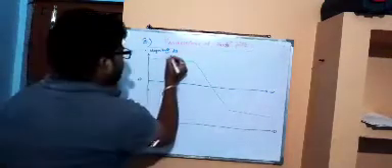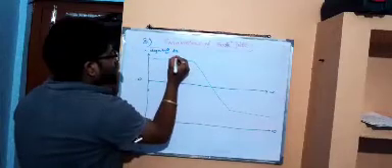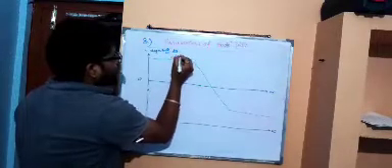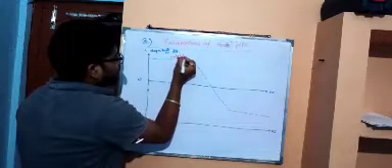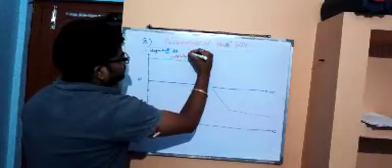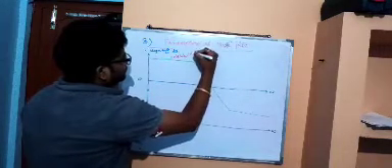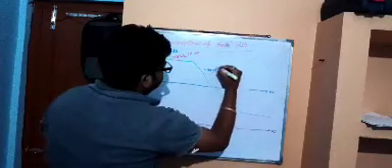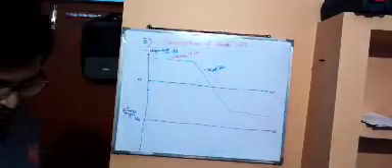Now this is the 0 dB per decade first line. And this slope is minus 20 dB per decade. Okay.